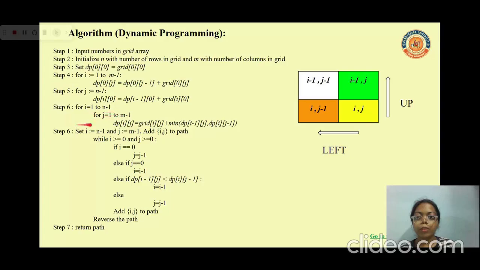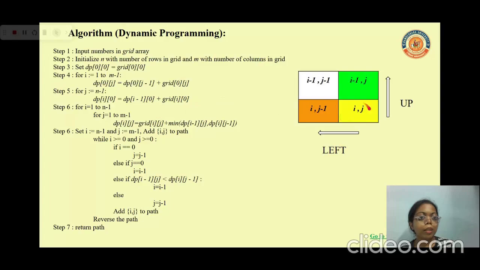Now I will fill the other cells. I will start from i equals 1 to n minus 1, j equals 1 to m minus 1, because the 0th row and column are filled. So I must start from 1 comma 1. Similarly, I must visit i comma j either from i minus 1 comma j or i comma j minus 1.